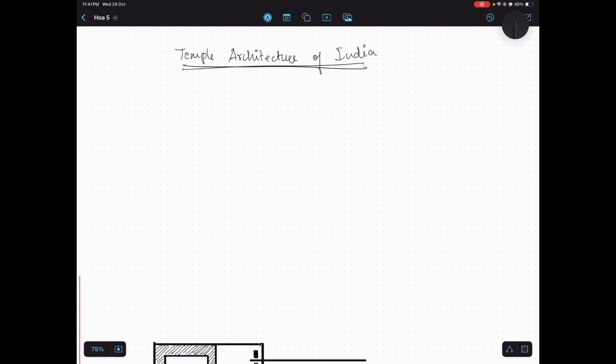So this can be segregated into two subcategories mainly, which is the Nagara style in north and the Dravidian style in the south. There are other sub-styles as well. We'll talk about that later. But these are the main two categories, and combining them gives you the Vesara style.